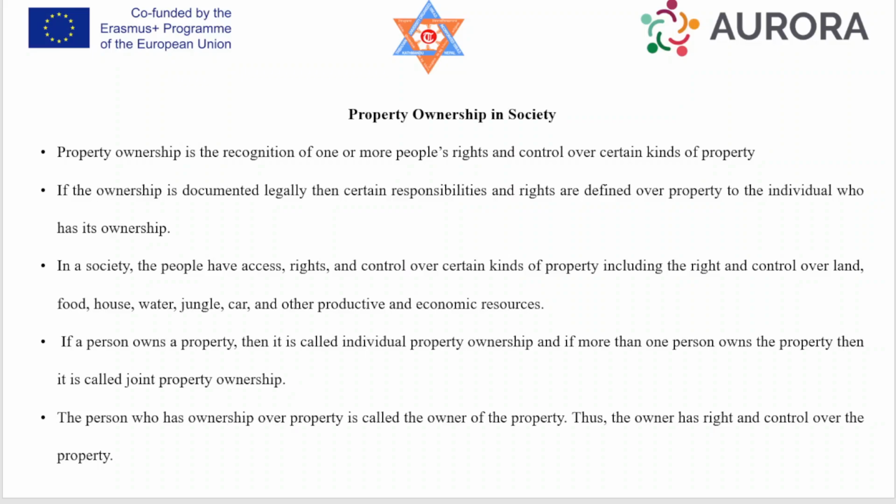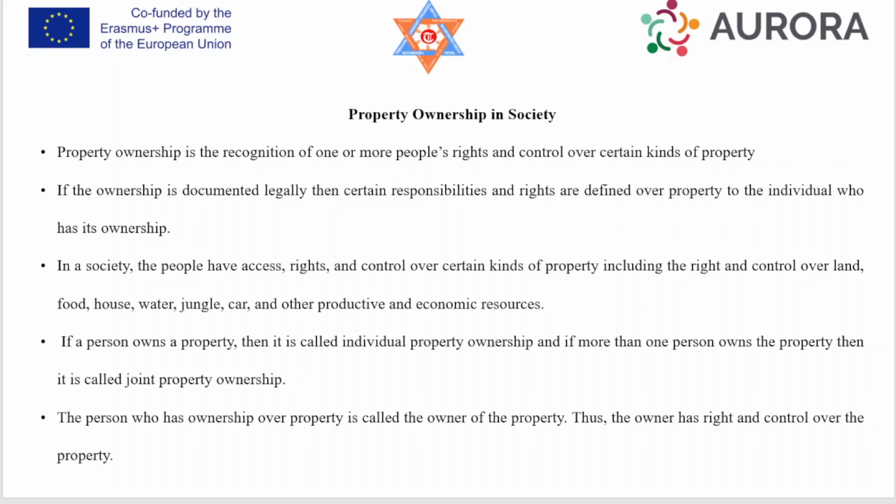In society, people have access to right over and control of various forms of property. This encompasses right and control over essentials like land, food, housing, water, forest, likewise vehicles, and other productive and economic resources.